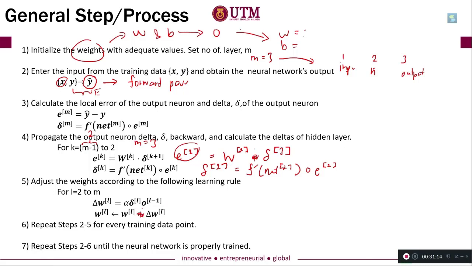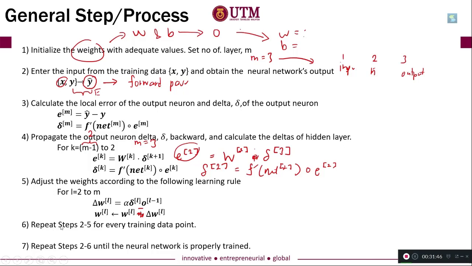Some textbooks use plus, because in the derivation they already take out the negative value, and that negative value neutralizes this operation, so it becomes plus. I did not take out the negative value, I still kept it in the derivation, so the original operation should be minus.